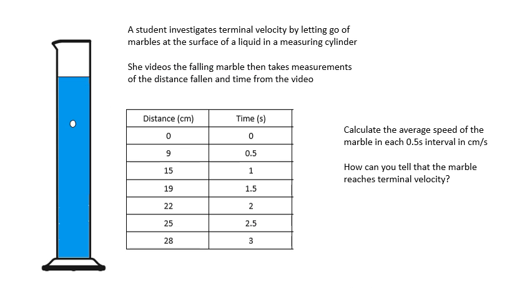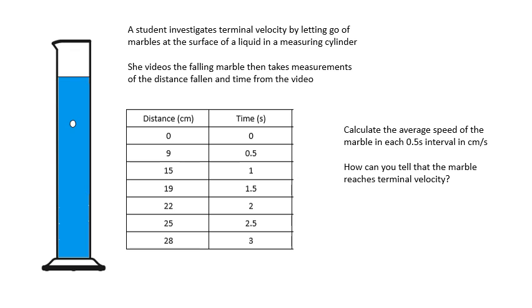This is an experiment which you should really do. A student investigates the terminal velocity by letting go of a marble at the surface of a liquid. The liquid might be water, or it might be oil, or it might be something else. She takes a video of the falling marble, and then from the video she takes readings of distance and time.